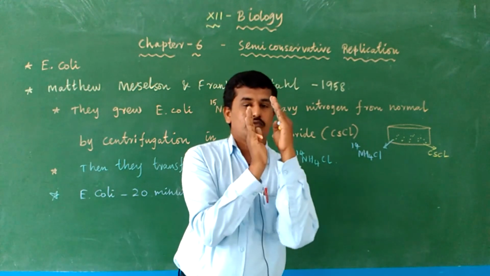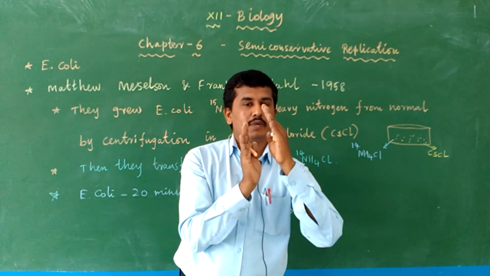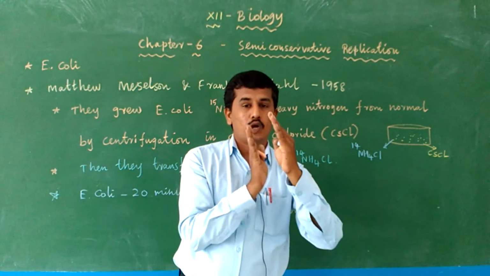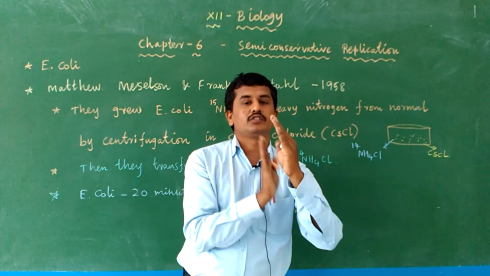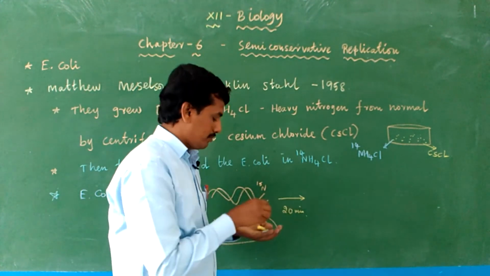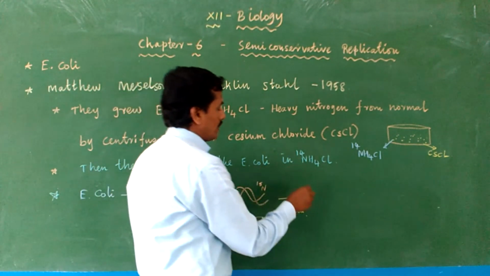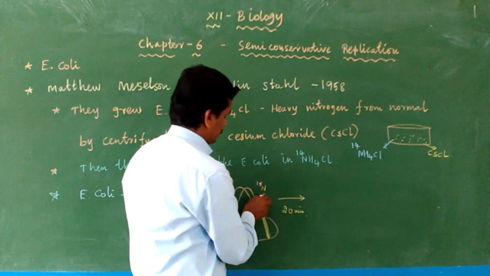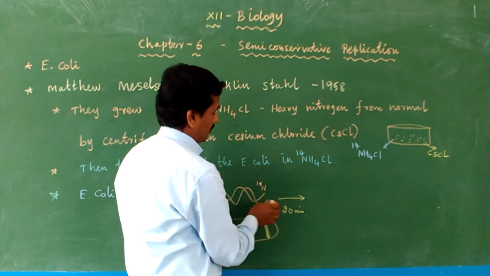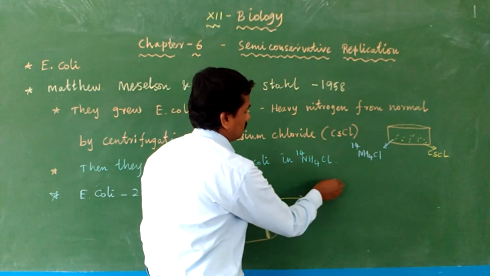So one helix is parental DNA and one helix is newly synthesized DNA. Listen to the drawing carefully. We are separating the DNA into two.